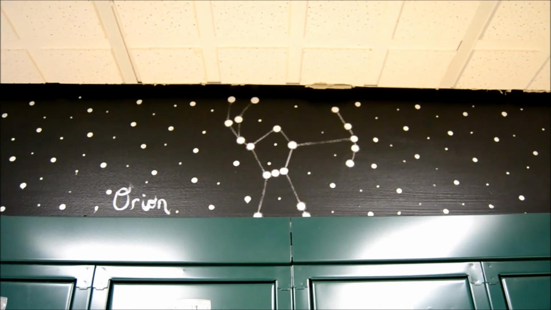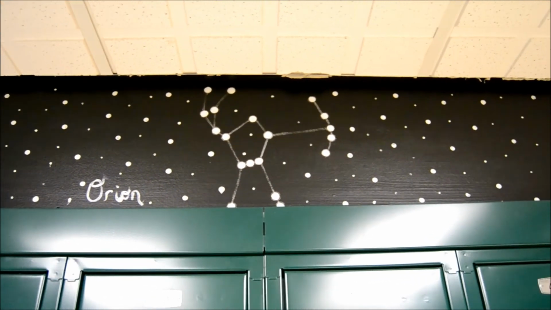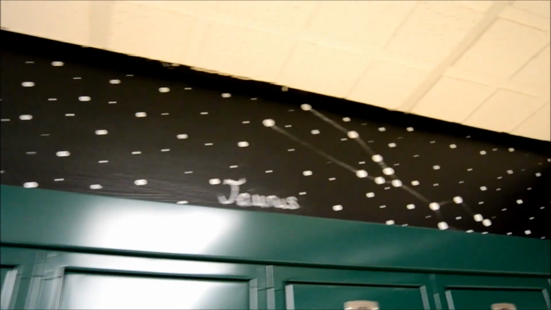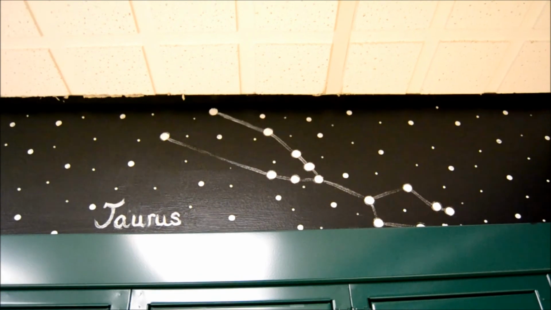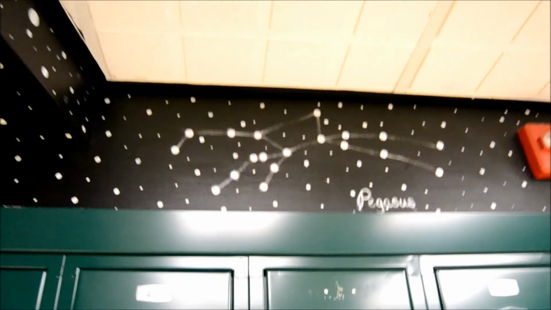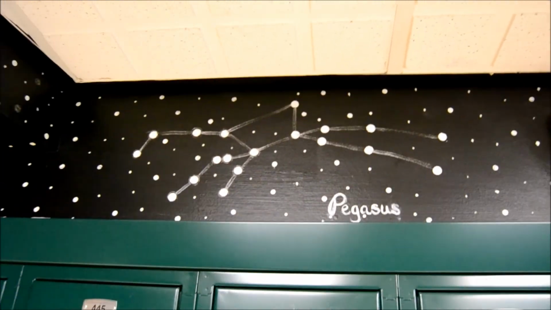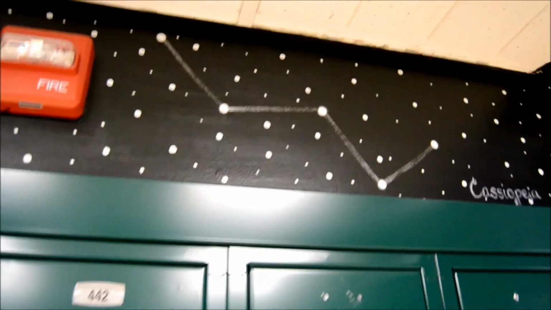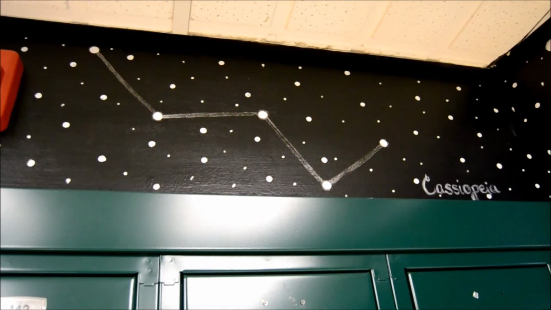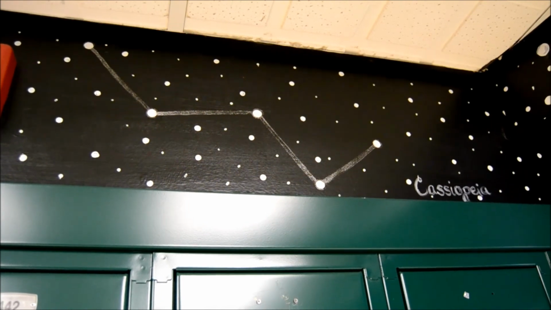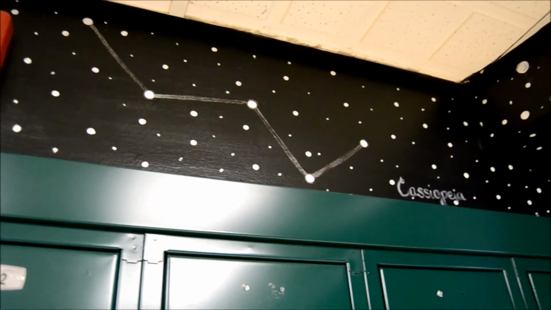The three stars give it away. And then on the opposite side, as you're walking in on your left-hand side, were your summer constellations, Pegasus and Cassiopeia. Pegasus is a horse, that one I can see. Cassiopeia is supposedly a queen sitting on her throne. That one personally I don't see. So those are seasonal constellations.